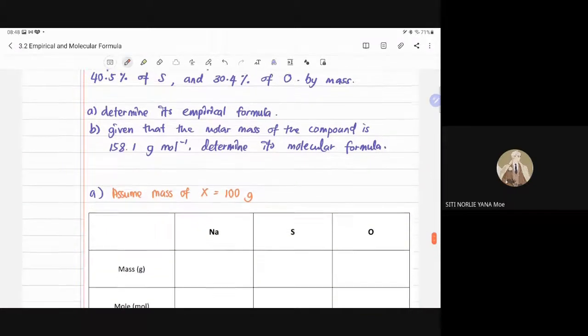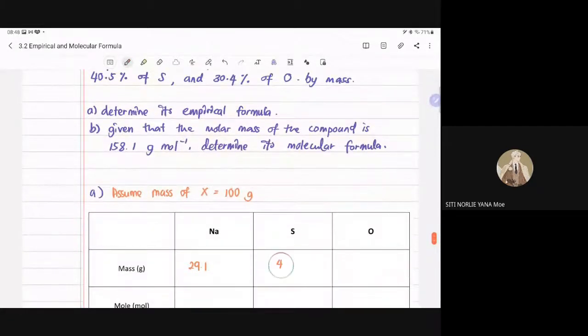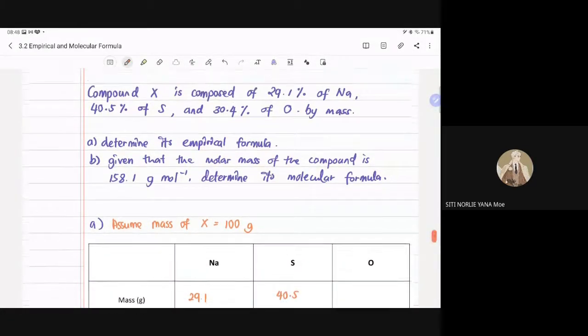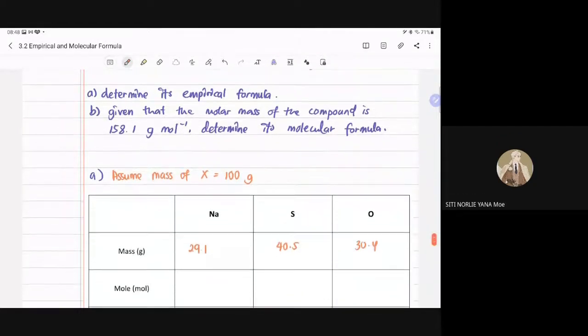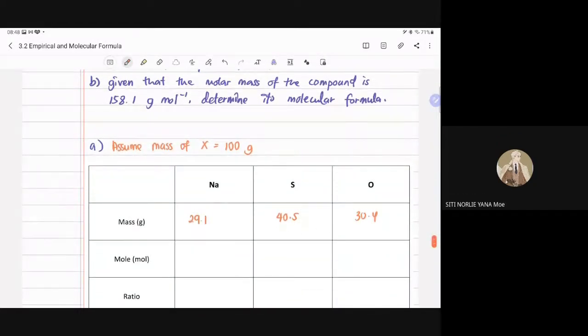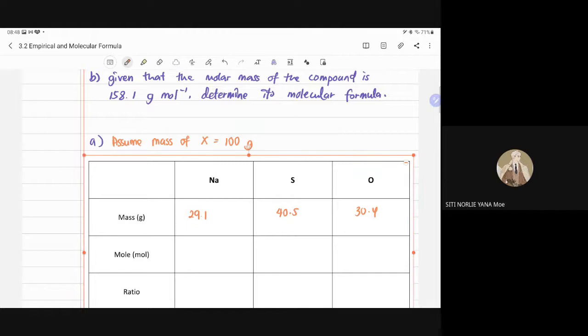Sodium adalah 29.1. Sulfur adalah 40.5. Oksigen adalah 30.4. So these are the mass in grams. Now we want to calculate the number of mole. Okay, so kamu boleh rujuk dalam kamu punya RM table tu, relative atomic mass punya table.